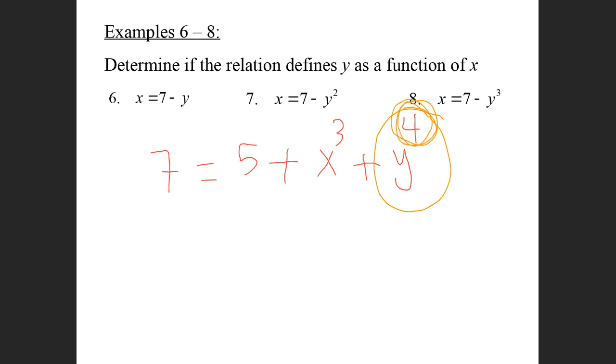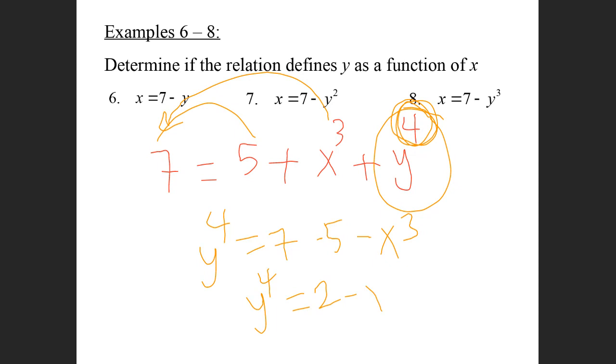When you solve for it, you move everything to the other side and take the fourth root of 2 minus x cubed. But this is even, so you need to add plus or minus. This is why this equation does not define a function.